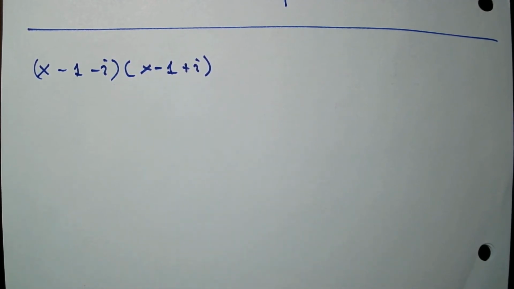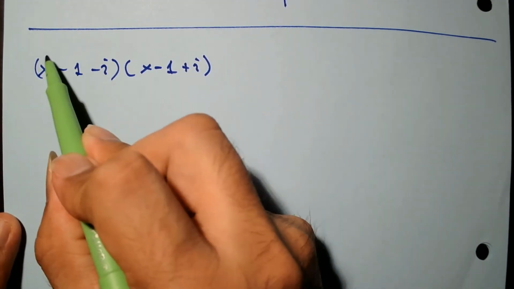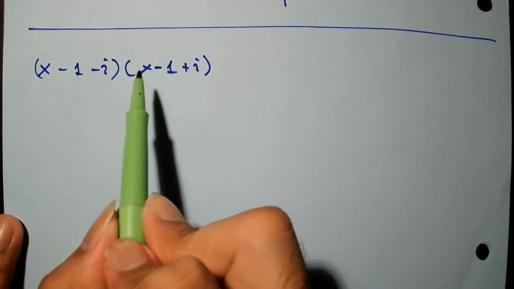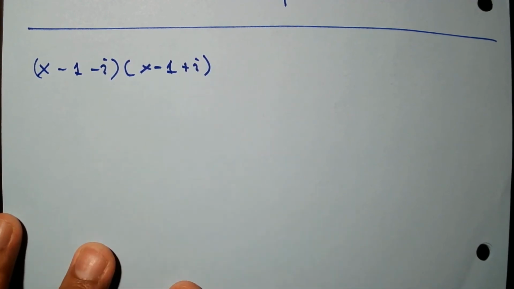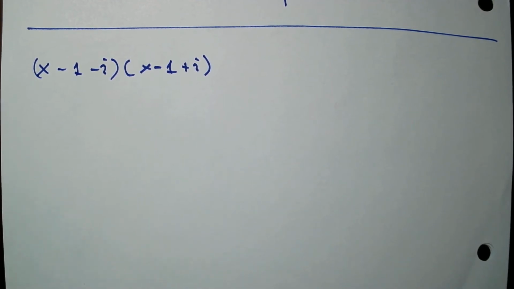Now, you might be thinking this is going to be hell to simplify. And yes, if you do it by foiling, it's going to be 1, 2, 3, 1, 2, 3, and 1, 2, 3. You will need to make 9 multiplications. However, in this case, I'm going to take a totally different approach.